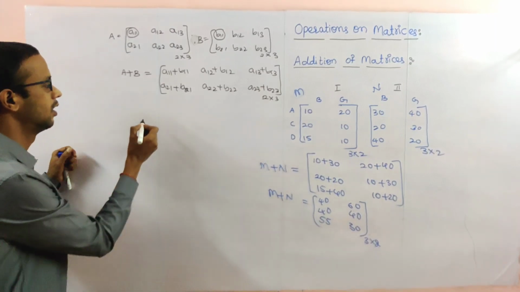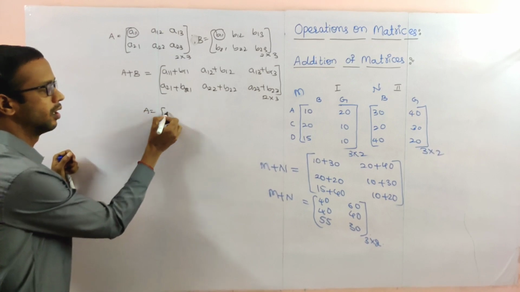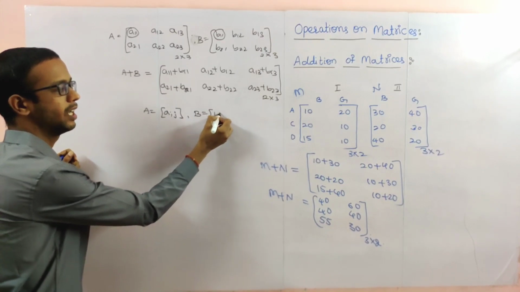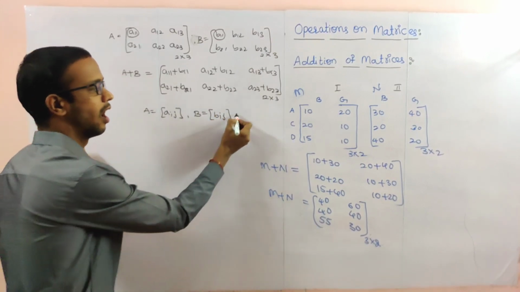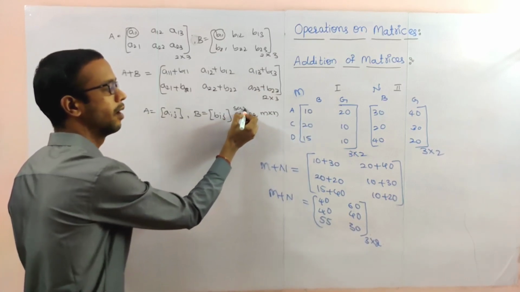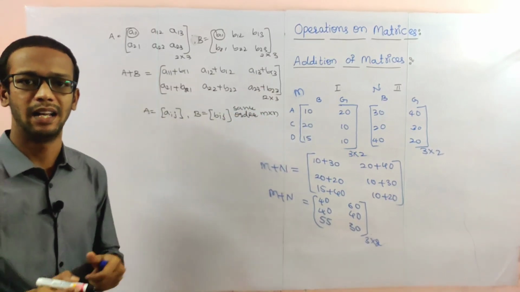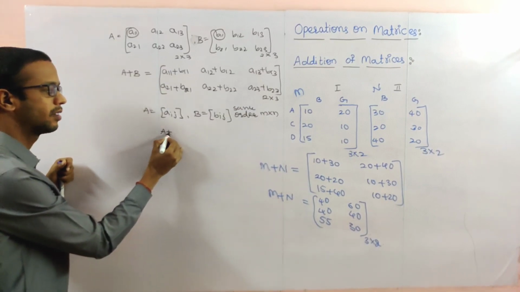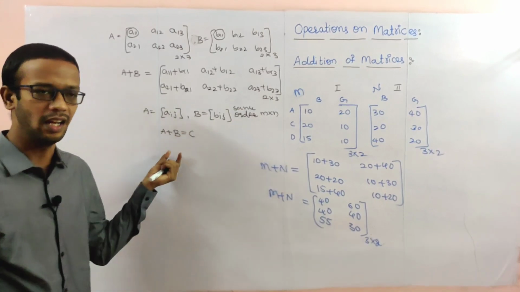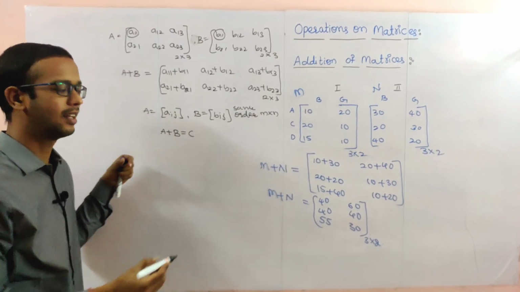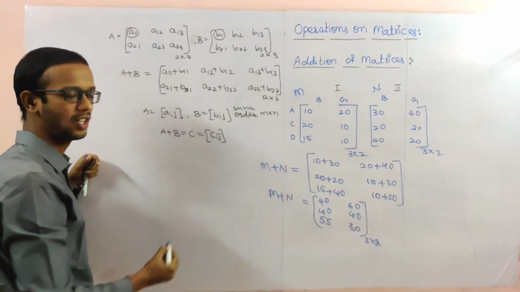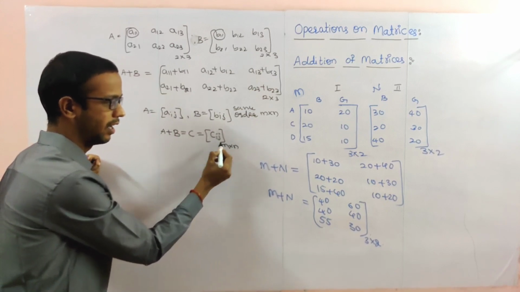More generally, A is equal to the matrix Aij and B is equal to the matrix Bij of the same order, m by n. Then A plus B is also a matrix, which I am taking as C. I am assuming A plus B is C, that is equal to Cij, which is also an m by n matrix.